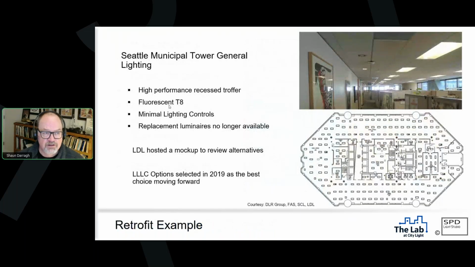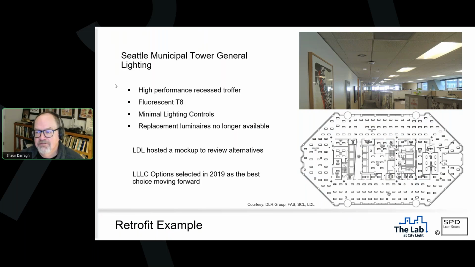But as a quick case study to let everyone know that City of Seattle is trying to walk the walk here. We did a retrofit of the general lighting that's ongoing for the Seattle Municipal Tower. We had recessed high performance fluorescent T8 light fixtures with almost no real lighting controls, to be honest.